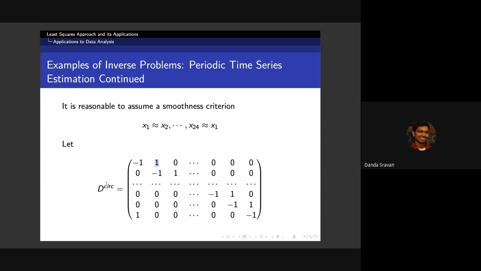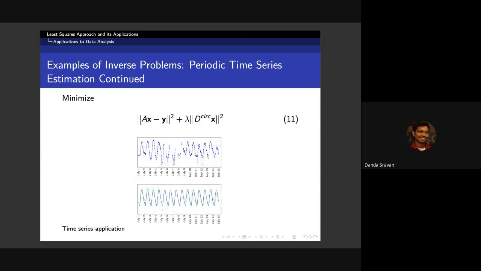So if I multiply this D circ with x, I'll get terms like x2 minus x1, and x3 minus x2, and so on and so forth. So what I do is, instead of minimizing the model norm directly, by the way, this should be A tilde here, typo here.